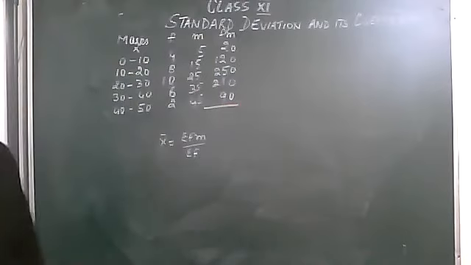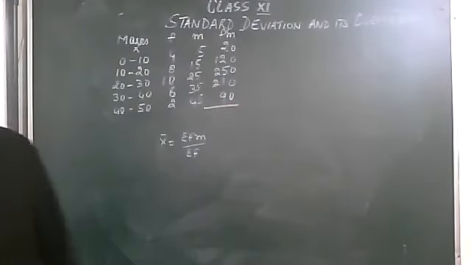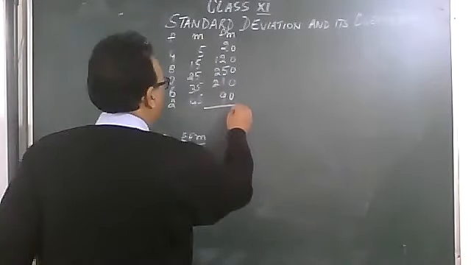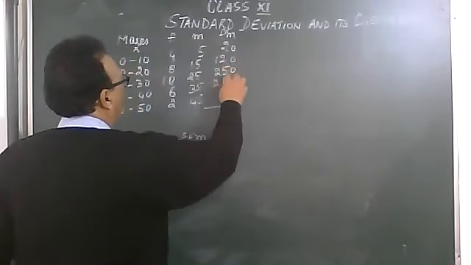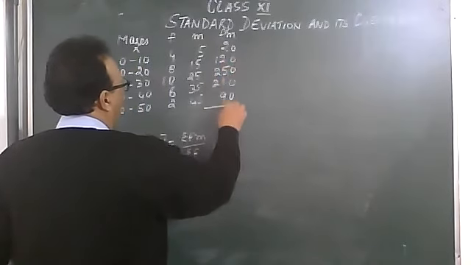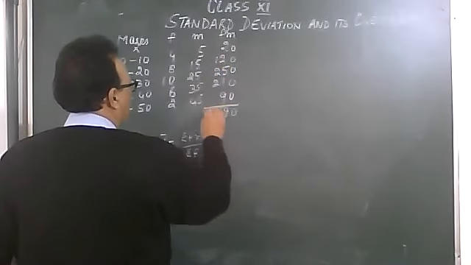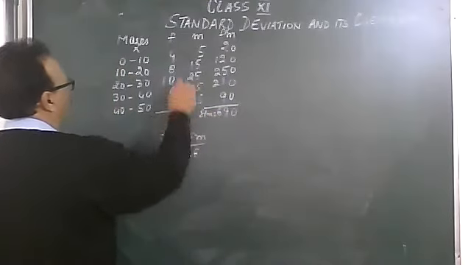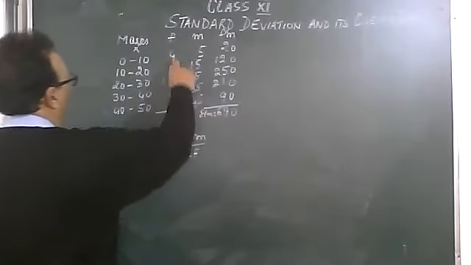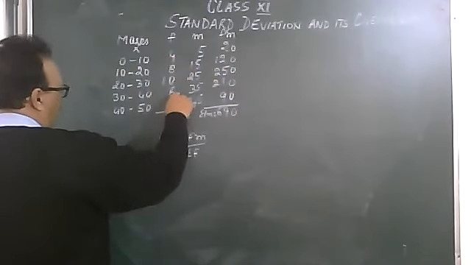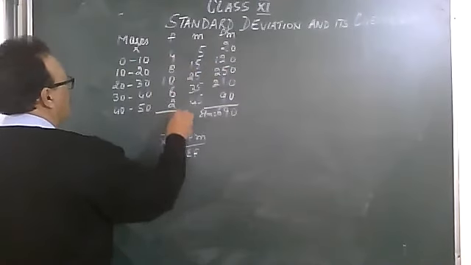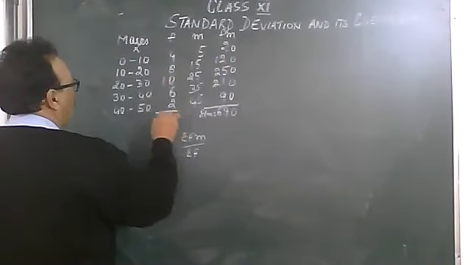Summing up, sigma fm is 690. 8 and 4, 12, and 6, 18, 20, and 10, 30, that is sigma f.